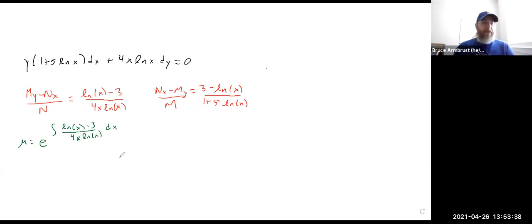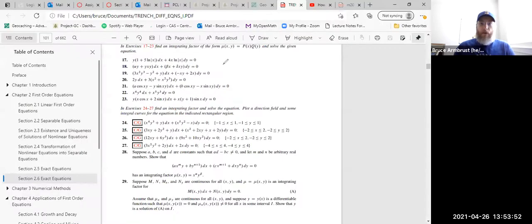All right, so I'm sure that's some really ugly, horrible, whatever. But if we go back to what the book said it wanted, let me pull that back up here, where it said find an integrating factor of the form p of x times q of y.